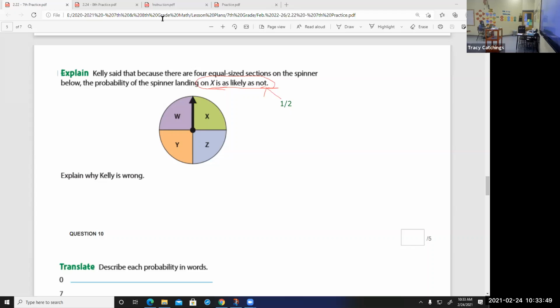How many total numbers do we got? Would that give me a half? So they want us to tell why Kelly is wrong. All right, we need a little more specific. She got an even number of letters. Somebody else, why is Kelly wrong?